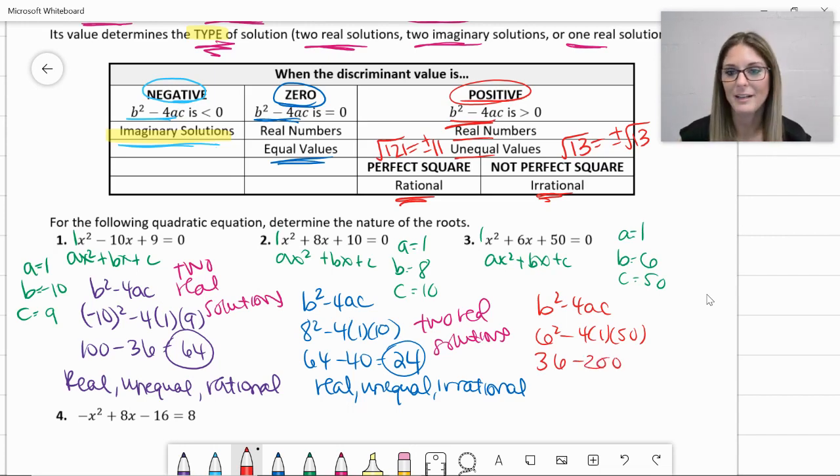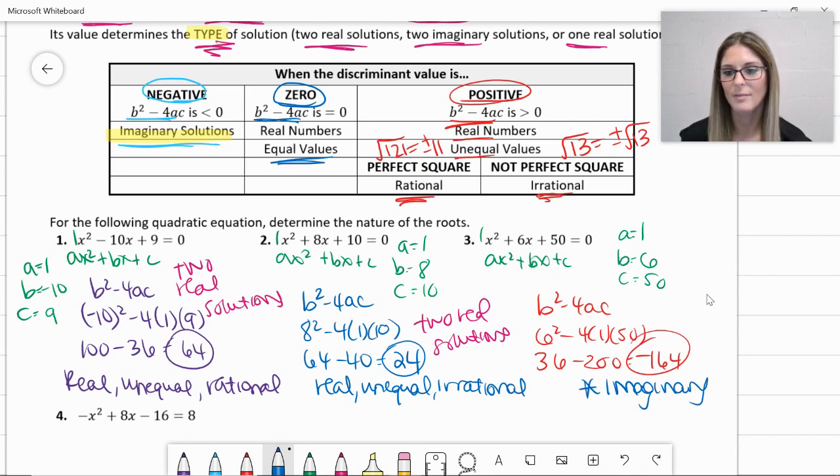I wonder what it's going to be. A negative number. That's for sure. 36 minus 200. Negative 164. So there's my discriminant value. Because it's a negative, very straightforward, very clear, we are going to have imaginary solutions.